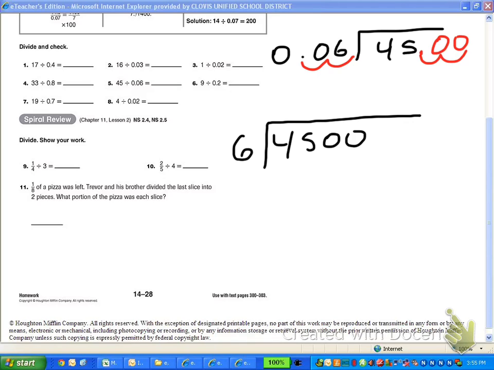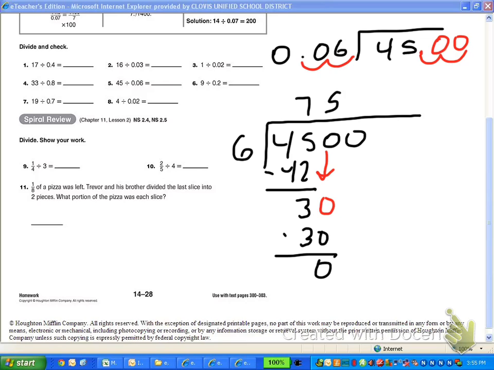6 goes into 45 7 times. Bring down the 0. 6 goes into 30 5 times. 0. Now I like to put the arrows because it tells me where the 0 goes. It also lets me know if I've used all my numbers, because I have to use all the numbers.